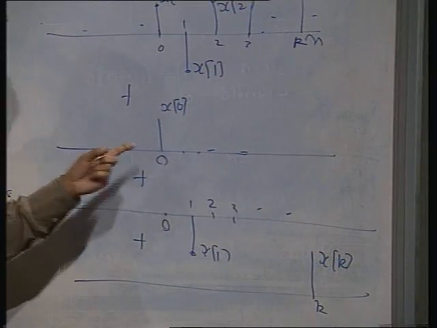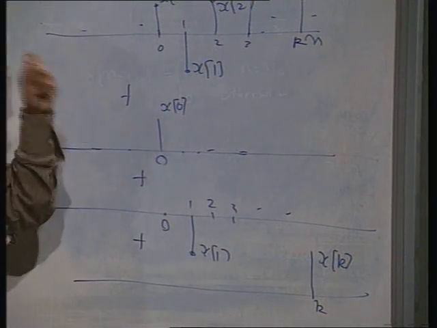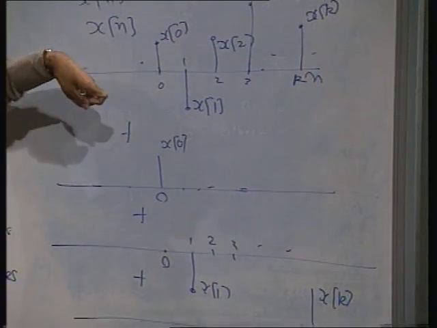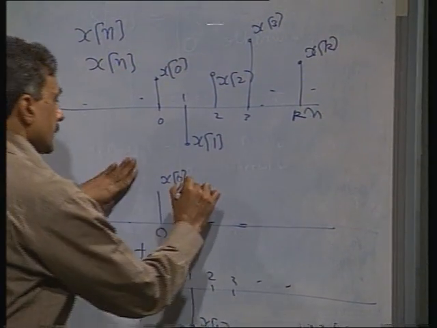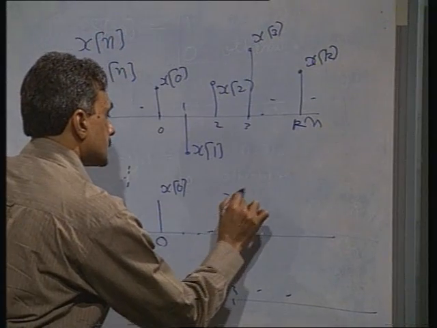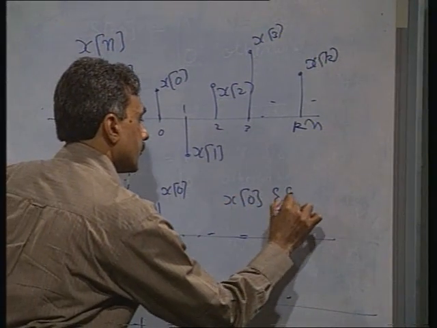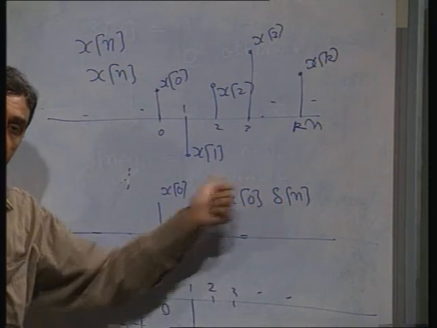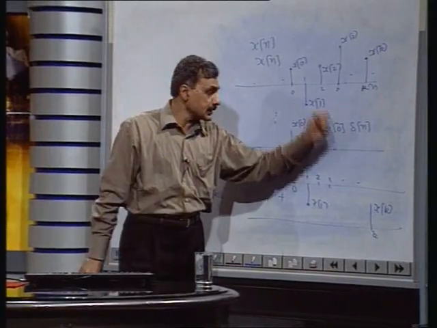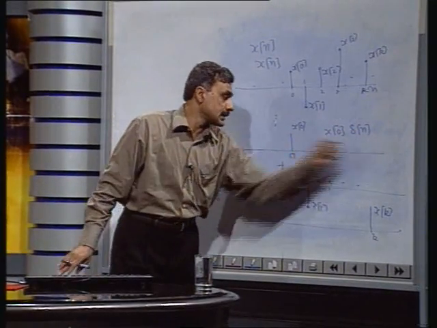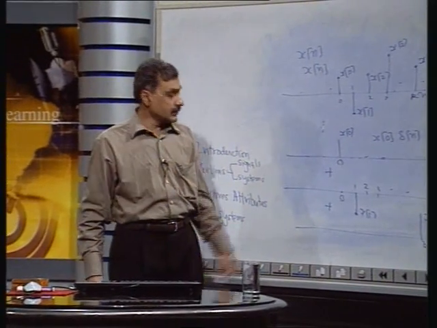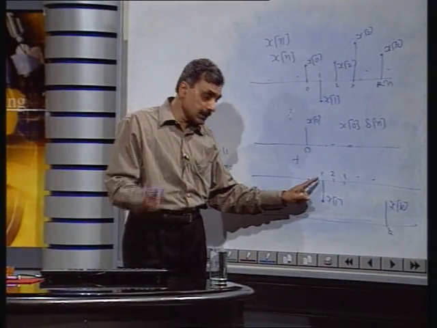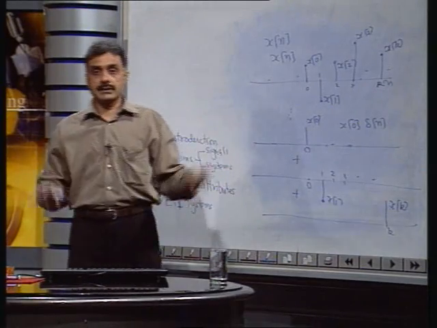Let us try to see in terms of signals what this is. With the definition of delta n, this signal can be written as nothing but x0 delta n, because when n is equal to 0, this is 1 and the strength is x of 0; at other instants delta n is 0, so nothing appears at any other point. Similarly here, this signal is sitting only at 1 and is 0 otherwise.